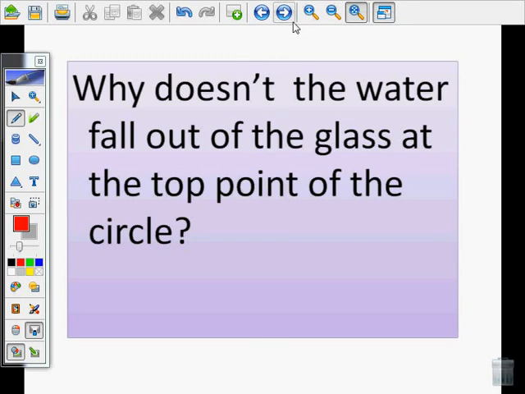That's an excellent answer. The centripetal acceleration required to keep it in a circle is greater than the acceleration due to gravity. So, if it's going in a circle like that, and the required centripetal acceleration at the top point is greater than the acceleration due to gravity, it'll stay there.